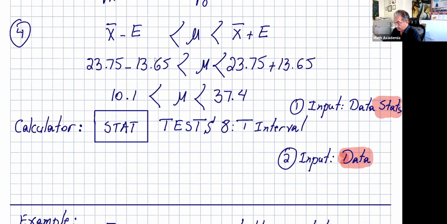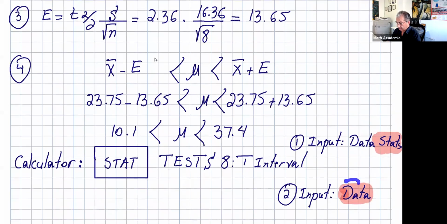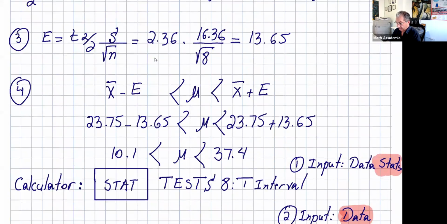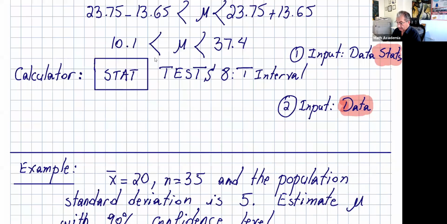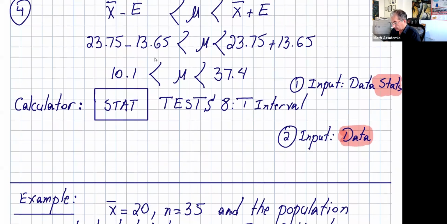And once you highlight stats, then you can put the mean, standard deviation, and n, and the calculator is going to calculate for you. If you want to directly do that by using the data, those numbers are already in your L1, the test scores. And if not, enter them in L1 and use data, and you'll see the calculator will calculate the confidence interval for you.